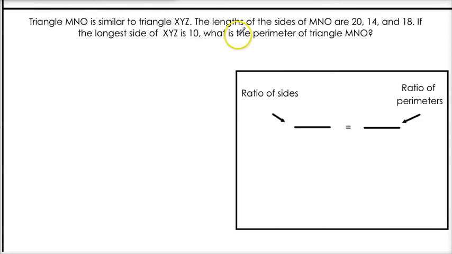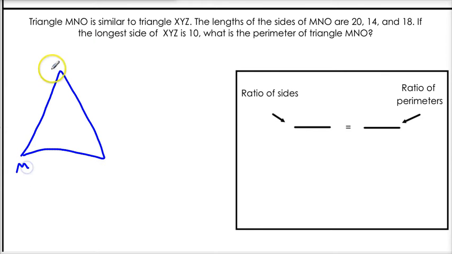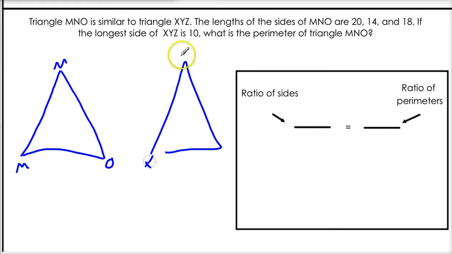Triangle MNO is similar to XYZ. Now, if you start reading a problem and there's no picture there, you've got to draw that yourself. So MNO, and we have XYZ. The lengths of the sides of MNO are 20, 14, and 18. Does it matter where?